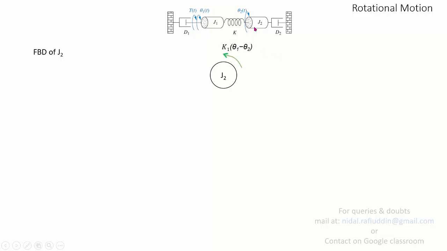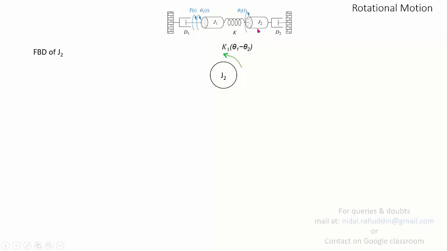So the net torque that is being exerted on J2 will be K times (theta 1 minus theta 2), since the torque that exists within this spring is K (theta 1 minus theta 2) throughout. Note that this particular torque was resisting in case of J1, but it is acting in case of J2. So the resisting torque in case of J1 becomes acting in case of J2.